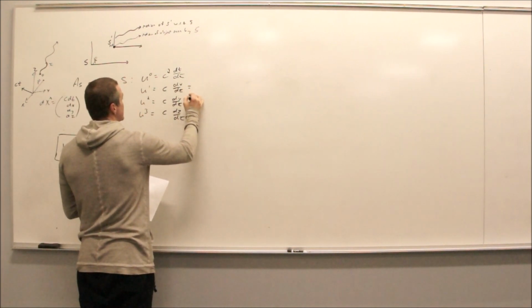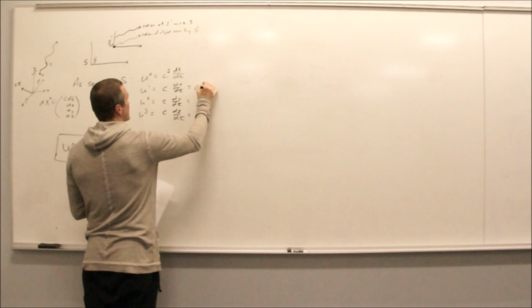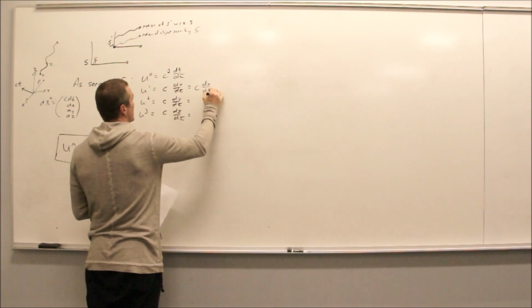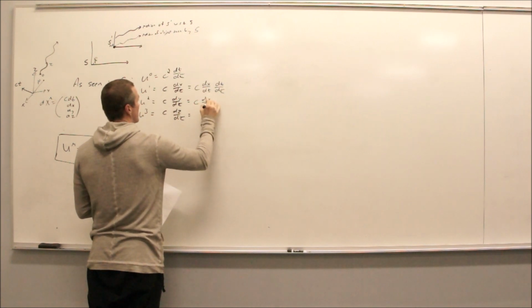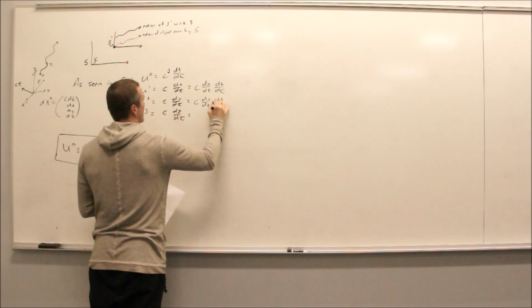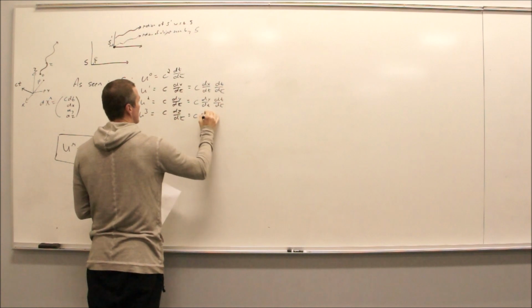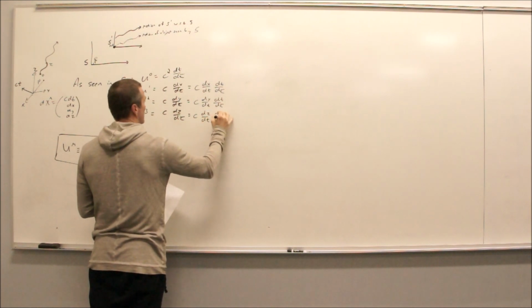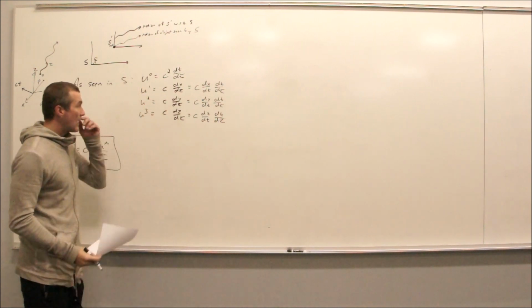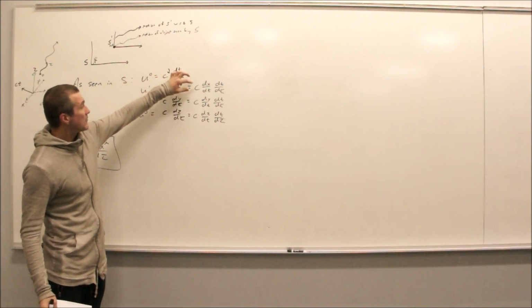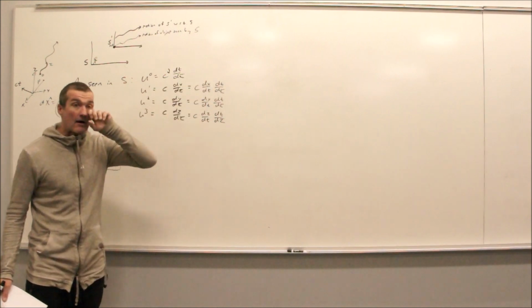Now, let's take these last 3 and break them up a little bit. All I did was I took dx d tau and broke it up into dx dt times dt d tau.